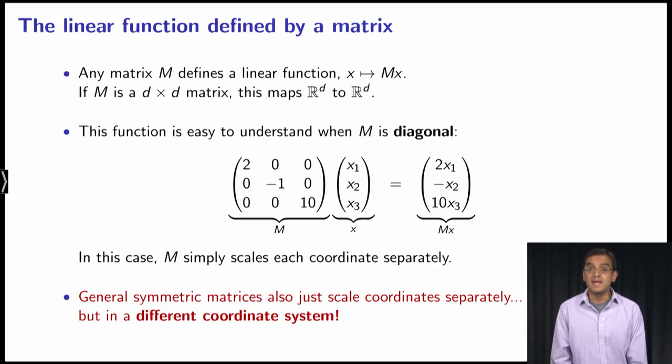It becomes a diagonal matrix. So any symmetric matrix is actually, once again, a simple diagonal matrix if we move to its own coordinate system.